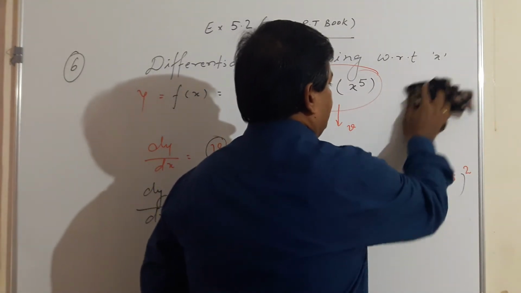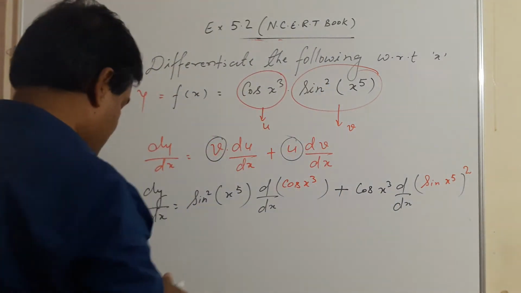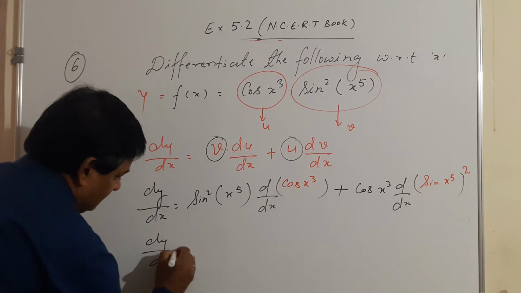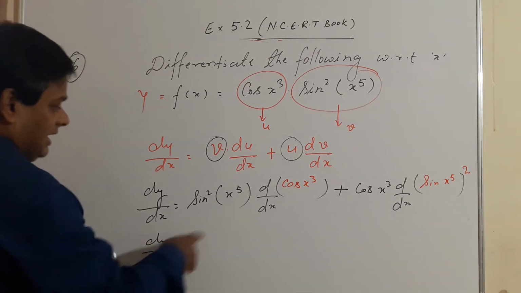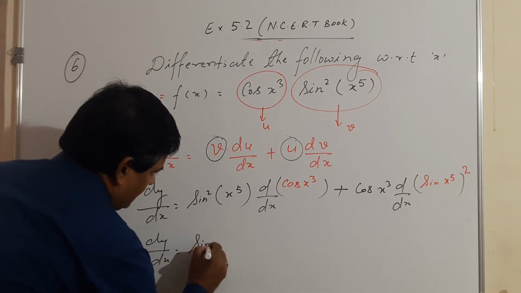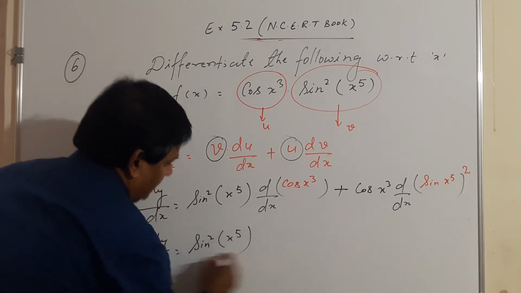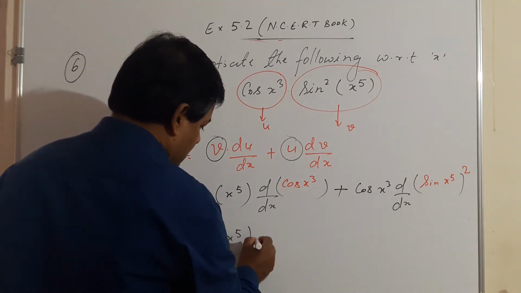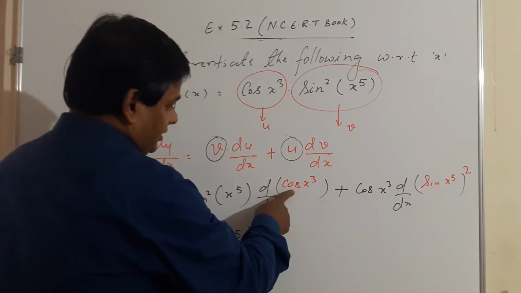So now we are going to differentiate. So dy by dx, this one will be as it is: sine square x raised to the power 5 into, see here, differentiation of cos.